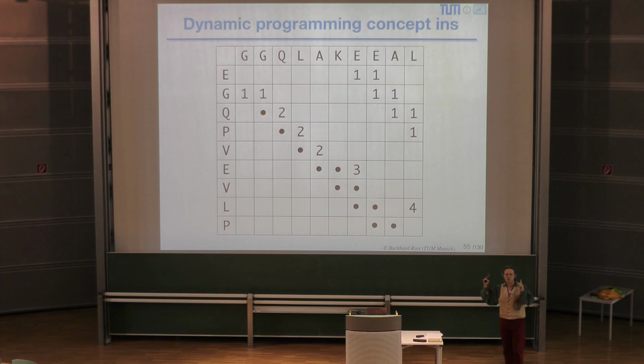Okay? Wait, there is a very, very important assumption that I have been dropping here. As long as your criterion for optimality does not require a dependence, the alignment for this A is not allowed to be dependent on the alignment for the Q. Put differently, I assume that what I do at the Q is completely independent of what I do elsewhere.